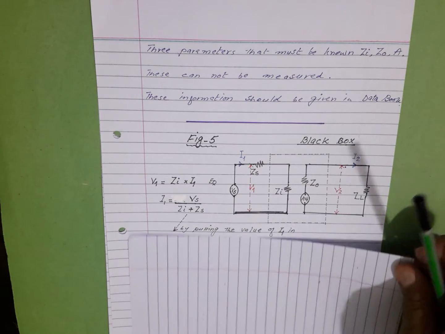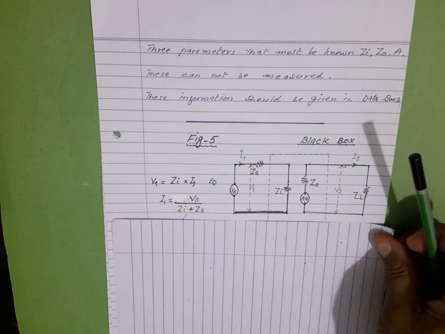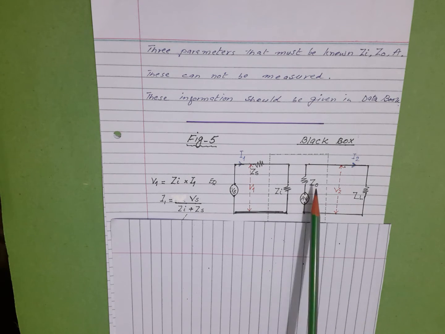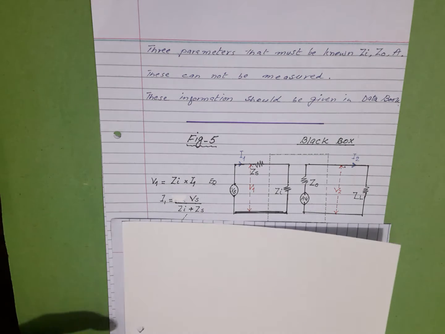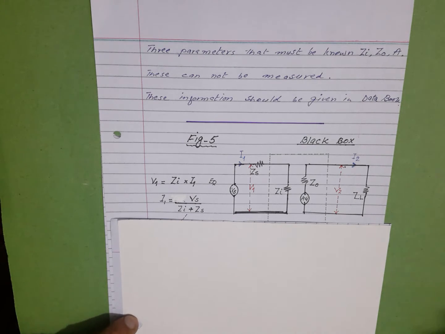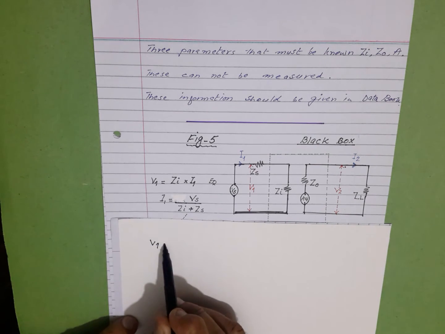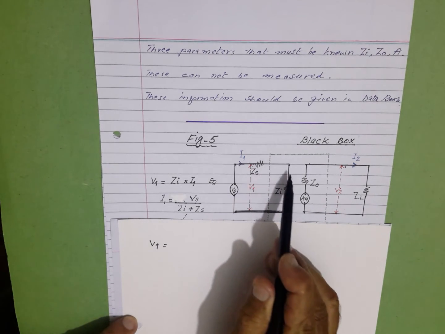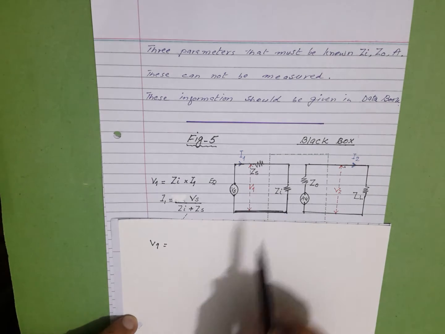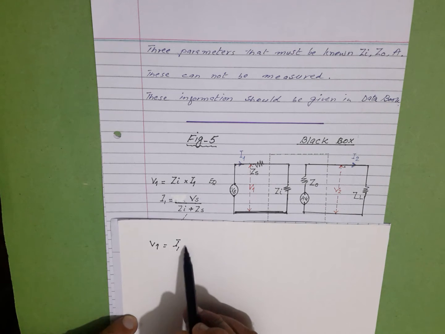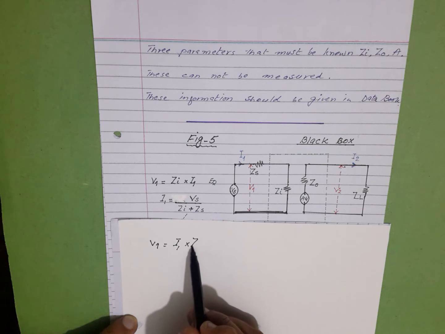Now coming to figure 5, which is almost the same, and see that Zi and ZO have been renamed. Now let us go and calculate the equations. V1 is equal to the current flowing through the circuit, which drops a voltage, and it will be I1 into Zi.